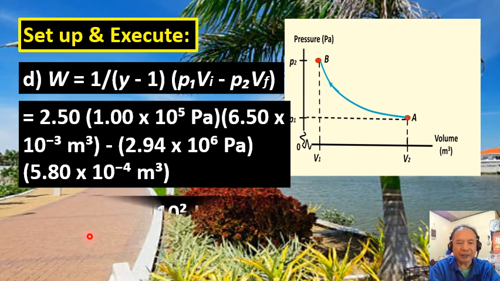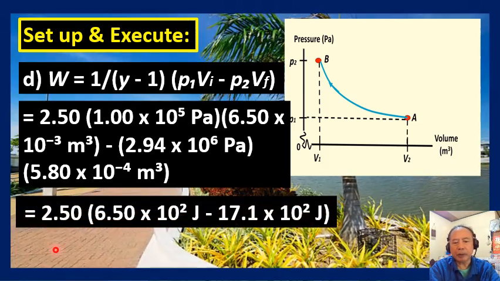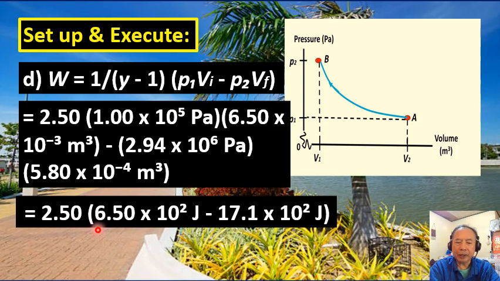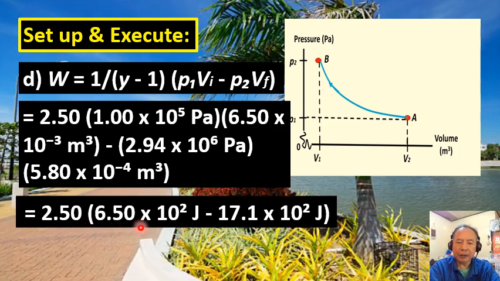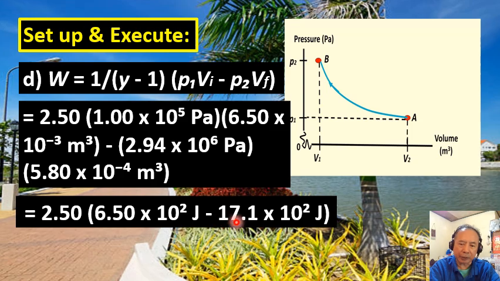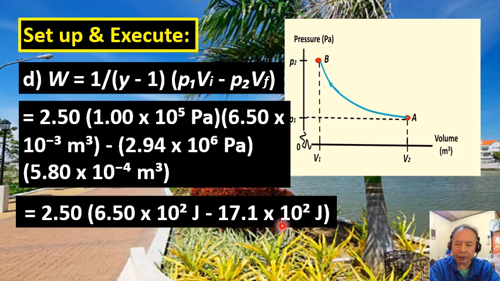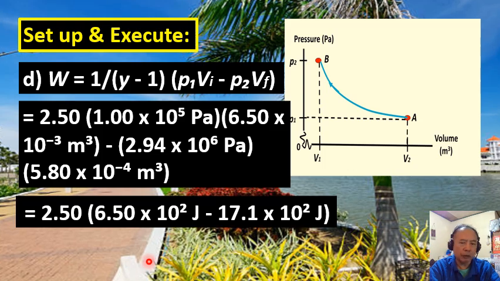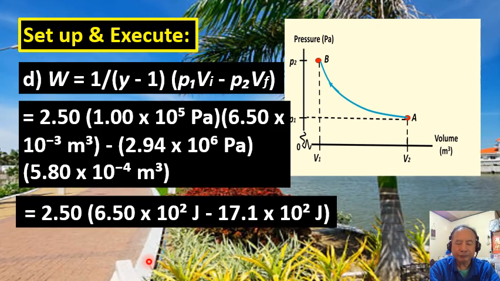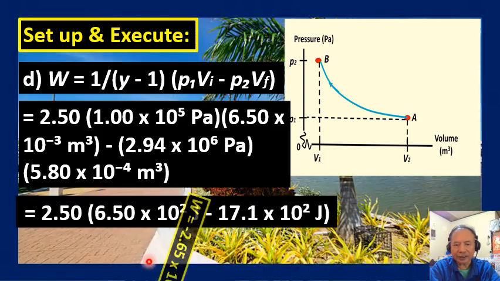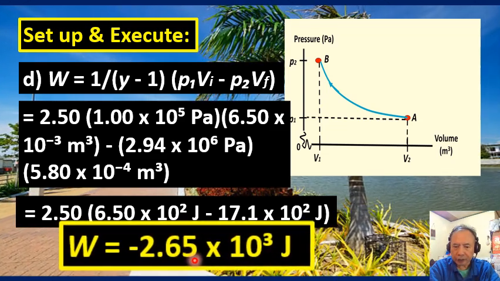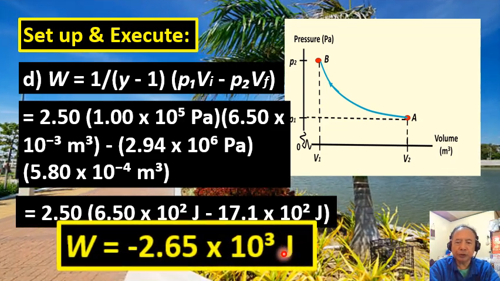Simplifying this, we get the work done W equals 2.5 multiplied by 6.50 × 10^2 joules minus 17.1 × 10^2 joules. So finally, we get the value of the amount of work done on the gas equal to negative 2.65 × 10^3 joules.